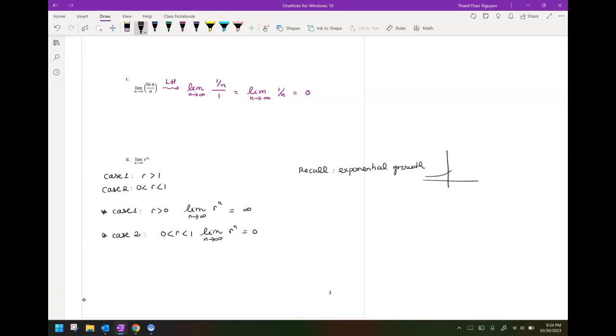The graph looks like this. And exponential decay looks like that. The function itself is y equals a to the x. In this case, for a greater than 1, y equals a to the x, and for 0 less than a less than 1.